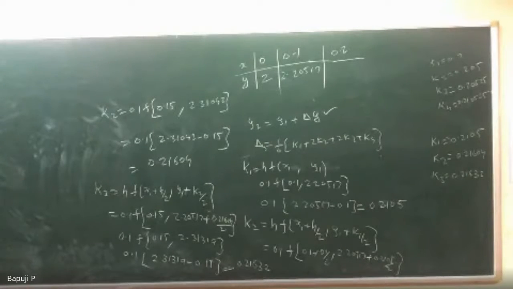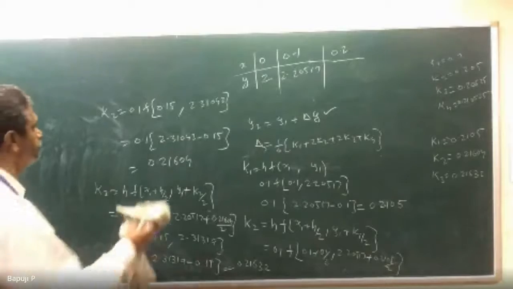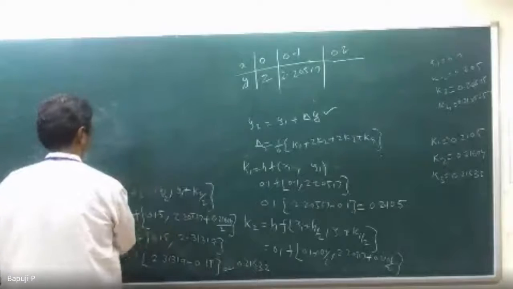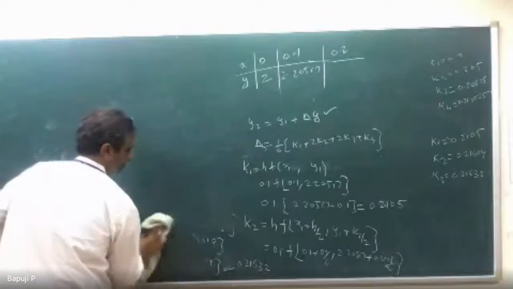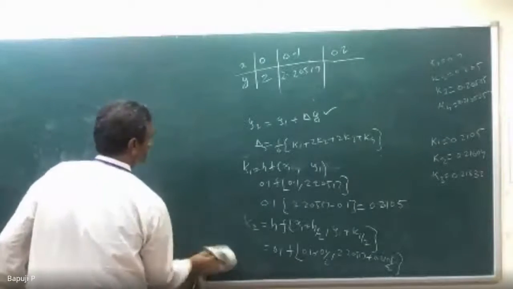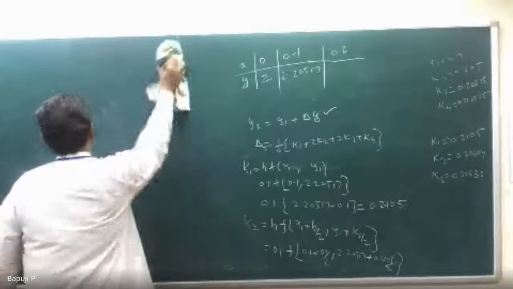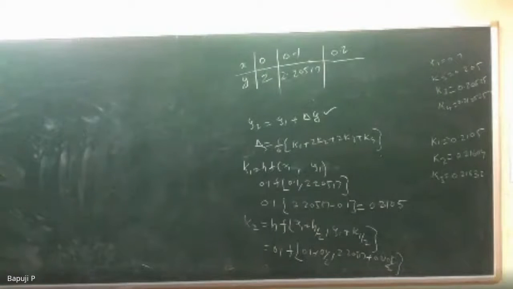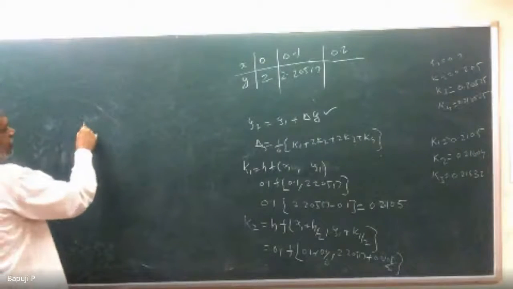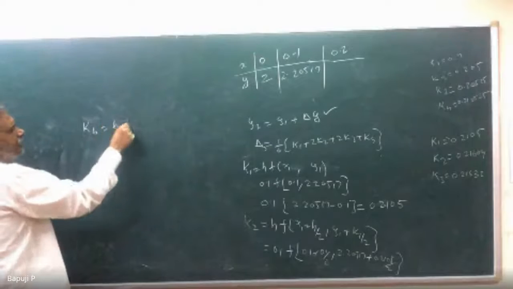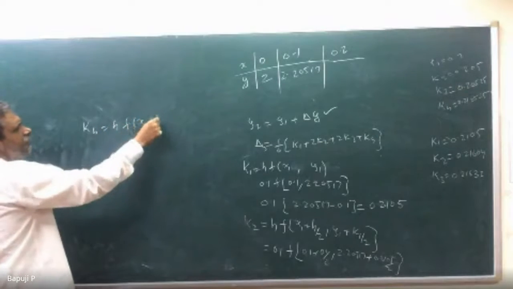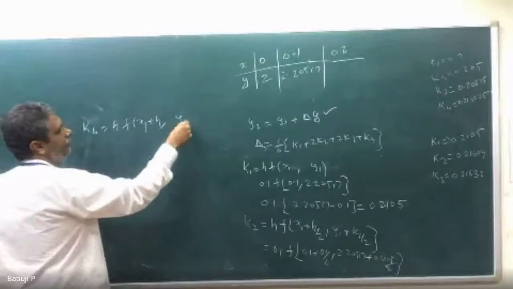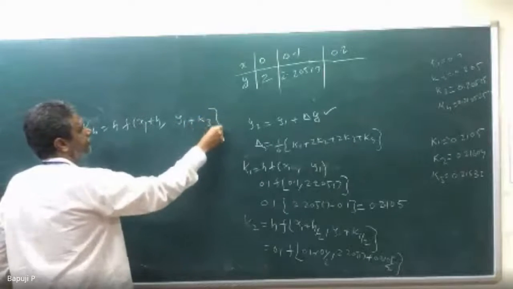Okay. Now write, what is the K4 formula? Let me check whether I understood or not. K4 is equal to h into f of x1, y1 plus k3, sorry, not x naught, x1.